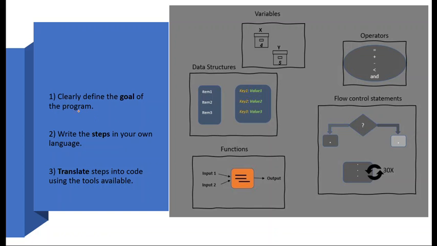Of course, using the resources that we have been introduced to before, like for example the variables or the placeholders, the different operators, the data structures like the lists, dictionaries, sets and tuples, the different flow control statements like the loops, conditionals, etc. And last, the functions.